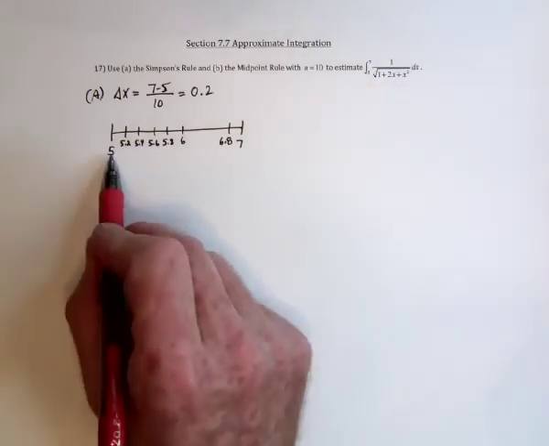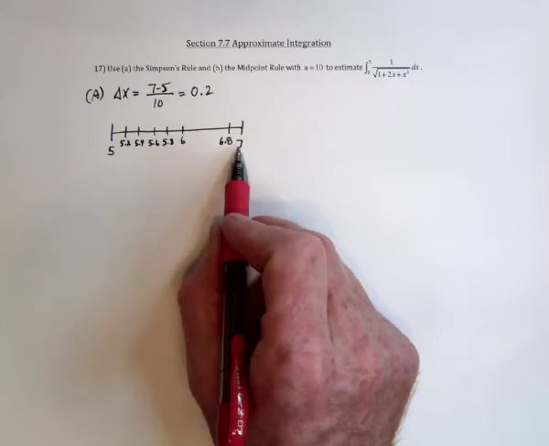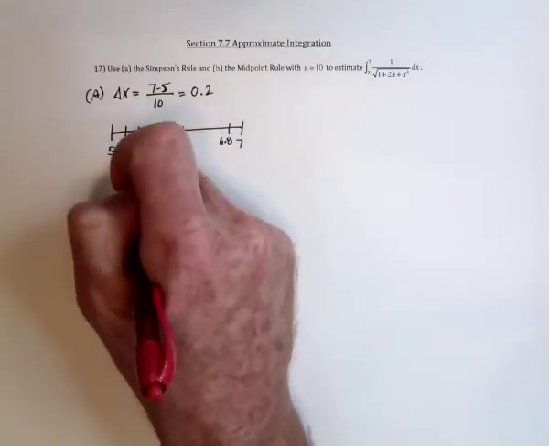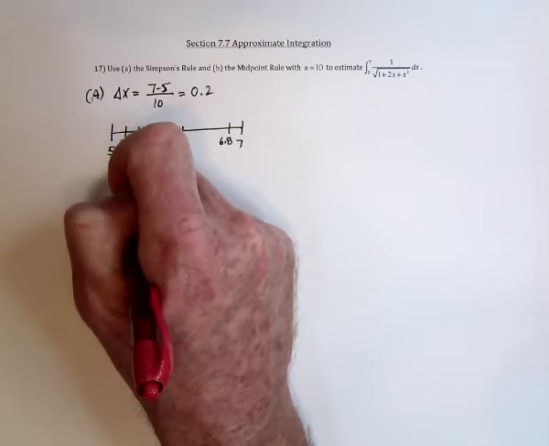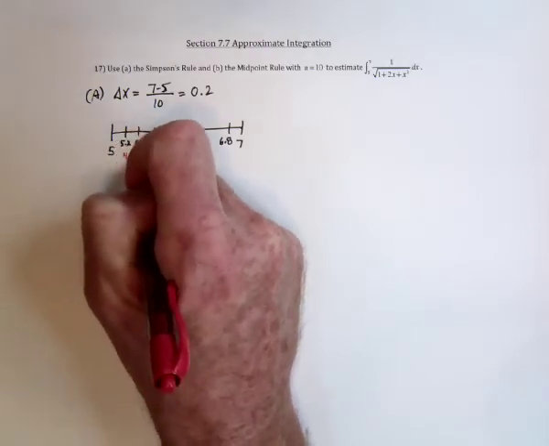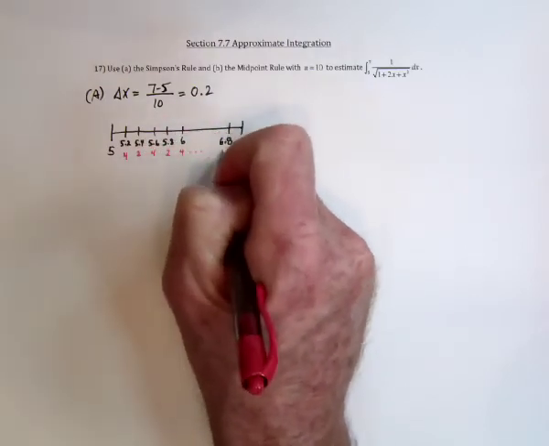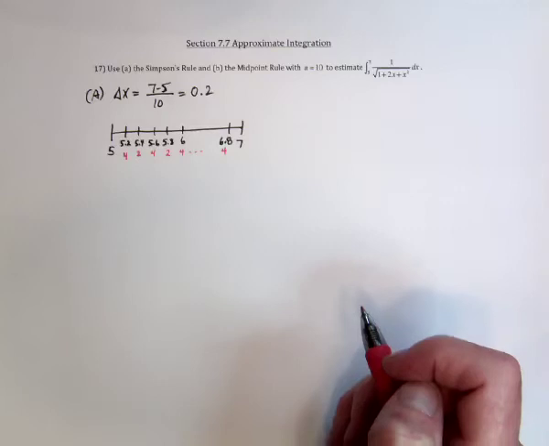The first one and the last one are not multiplied by 4, but this one, when you substitute it in, gets multiplied by 4. This one by 2, and this one by 4, and this one by 2, and this one by 4, etc., until this one is multiplied by 4.